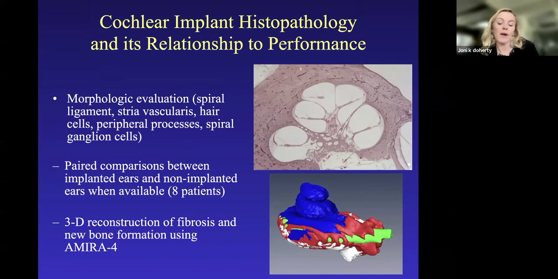On the lower right is a 3D reconstruction of the cochlea, where the green is the pathway of the electrode. The red is fibrosis, and the white is new bone formation, and the blue is basically healthy cochlea. And we use Amira for doing the reconstructions of these, using the sequential slides, and then basically manually outlining the areas and putting it together in a 3D reconstruction.